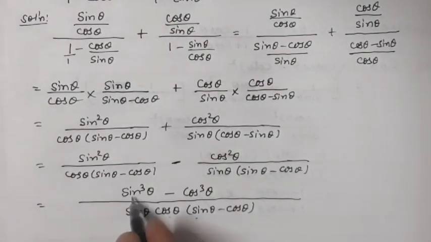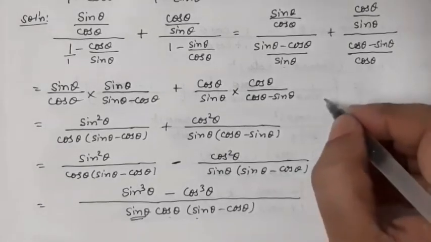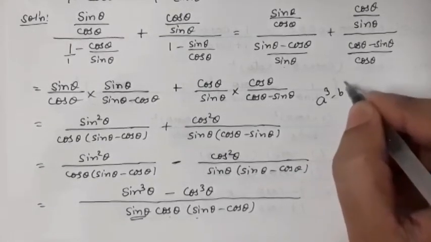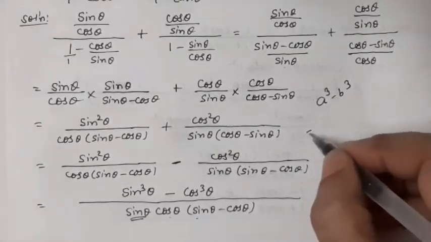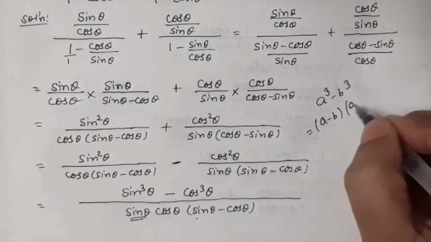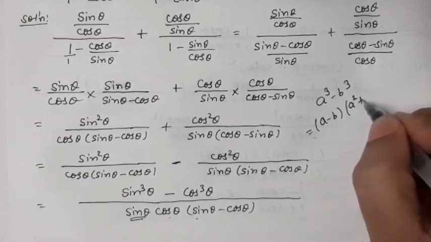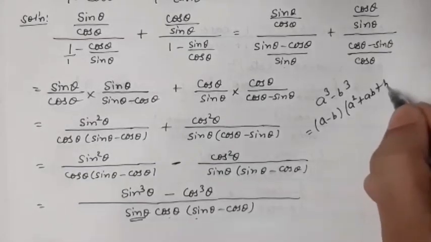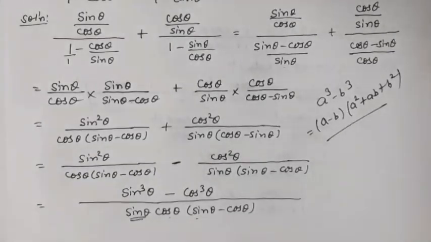Okay, so what is a cube minus b cube? What is the formula of a cube minus b cube? The formula of a cube minus b cube is a minus b, a square plus ab plus b square. This is the formula of a cube minus b cube.